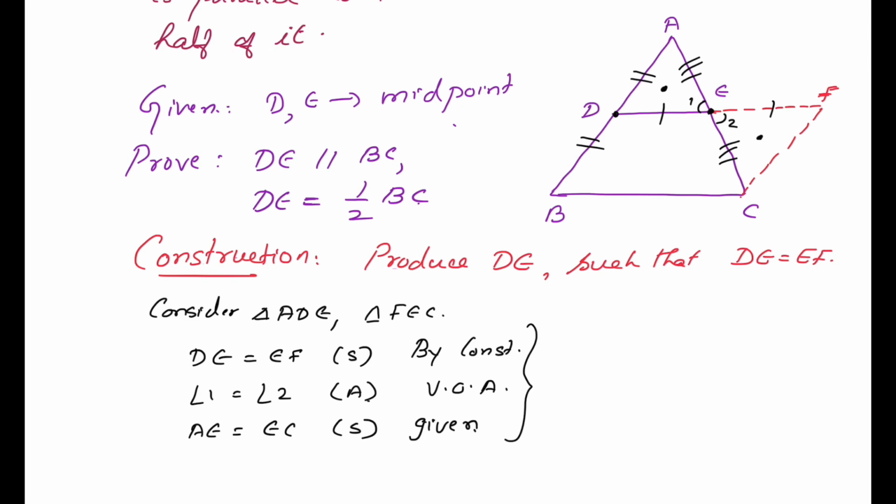Therefore, triangle DEA is congruent to triangle FEC by SAS criteria. From that we can say AD equal to FC. So, we got AD and FC as equal.